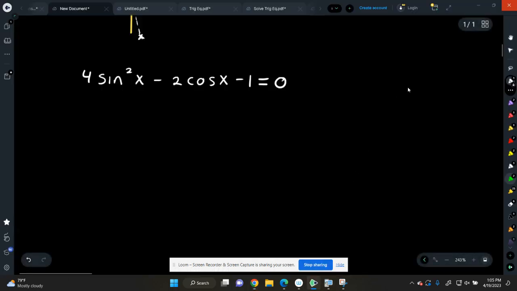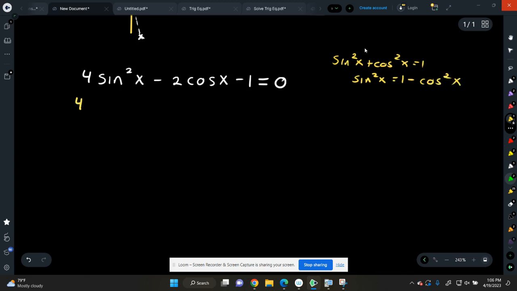Okay, and I like what I hear, but you're at a point where you're running into trouble, right? Why are you running into trouble? Doesn't factor. Yes. Okay, so let me catch up with where you are. We're going to substitute the sine squared, right? Did I write this correctly? Yeah. So we know sine squared x plus cosine squared x equals 1. Therefore, sine squared x equals 1 minus cosine squared x.